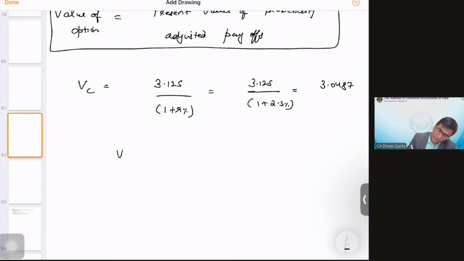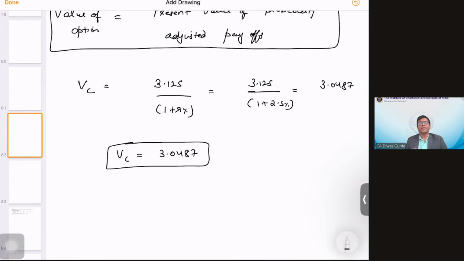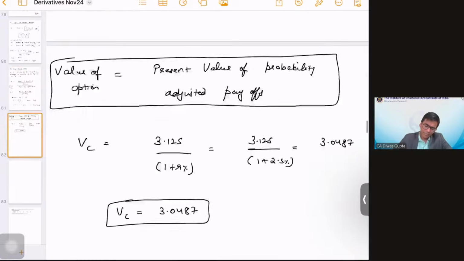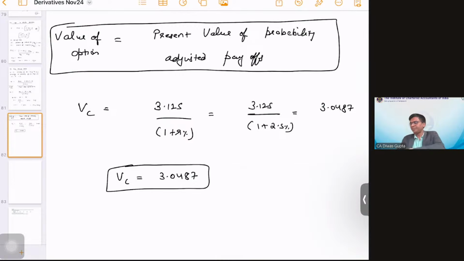So the value of the call option is 3.0487. This is the present value of 3.125. Clear?